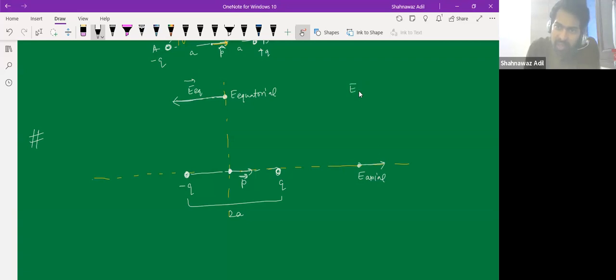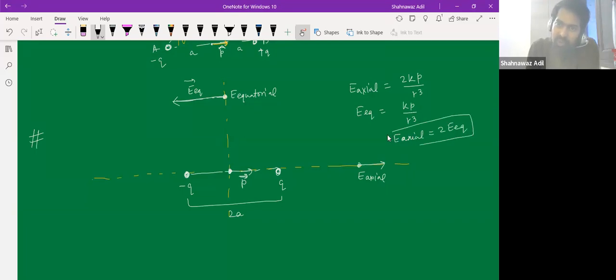And we saw that the magnitude for the axial one was 2kp by r cube, and for the equatorial one this was kp by r cube. So we saw that E axial was double of E equatorial.